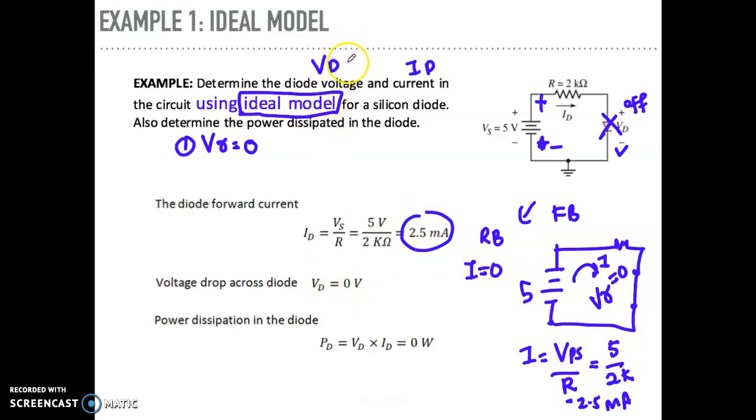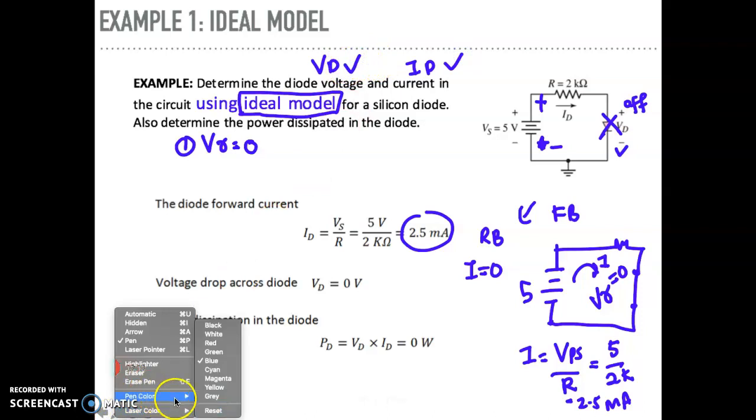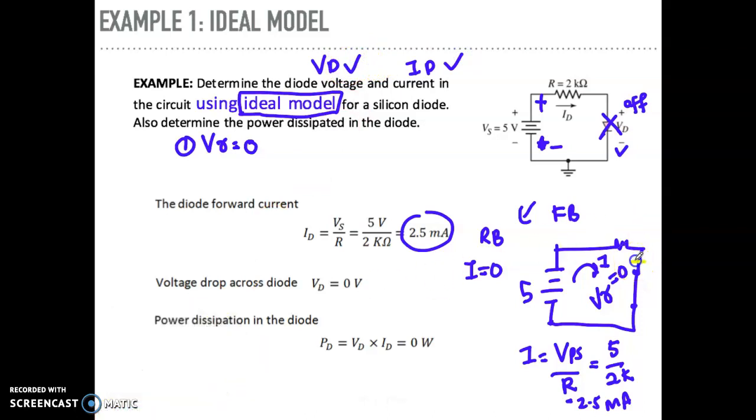Okay, the question we asked first is the diode current. What will be the diode voltage? Please take note, you are going to focus on the diode part. So where is the diode part? Between this point and this point is what we call VD. The diode voltage is not for the whole circuit, it is only focusing on the diode. So the voltage drop across the diode is equal to 0.